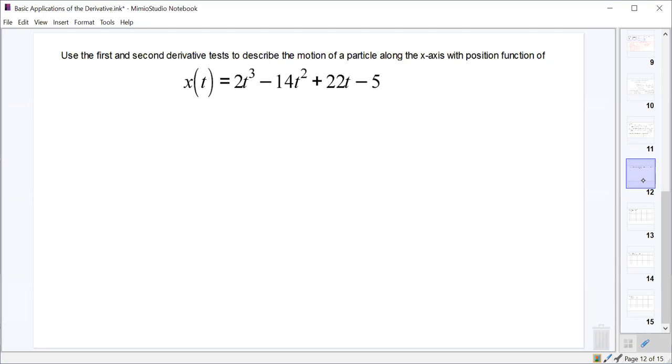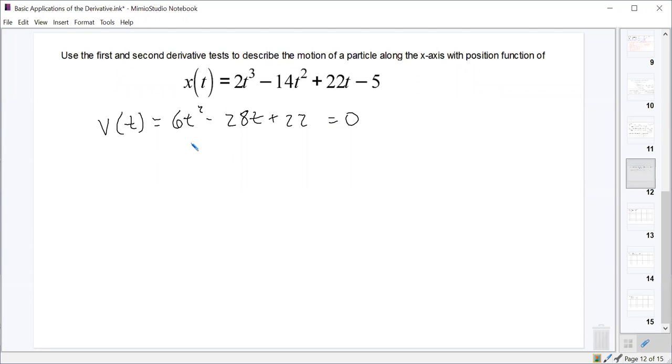So first off, what's the velocity function? 6t squared minus 28t plus 22. Good. Okay. Never going to be undefined, but we'll look when it's 0.